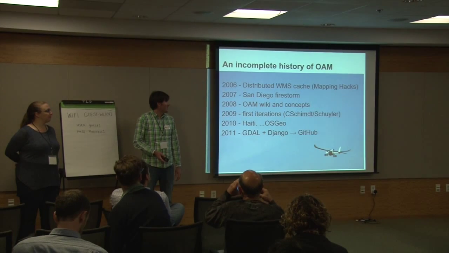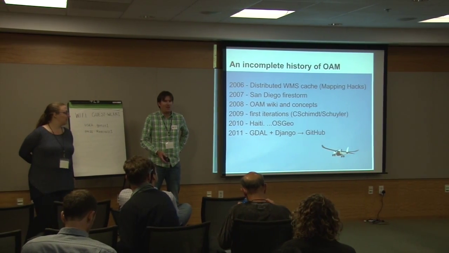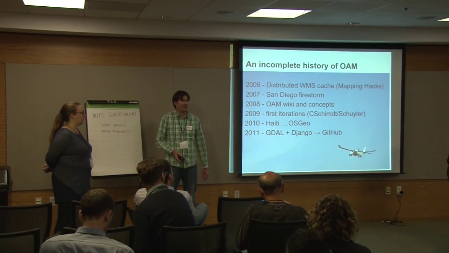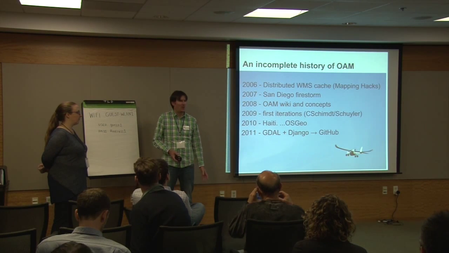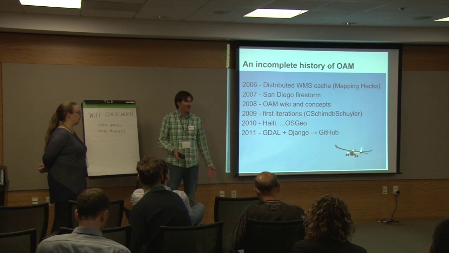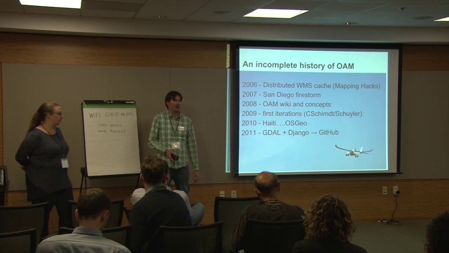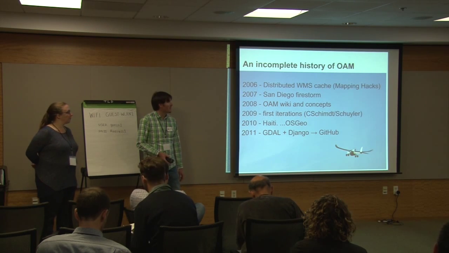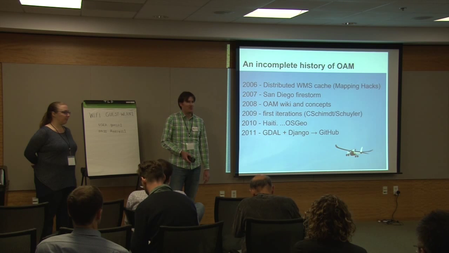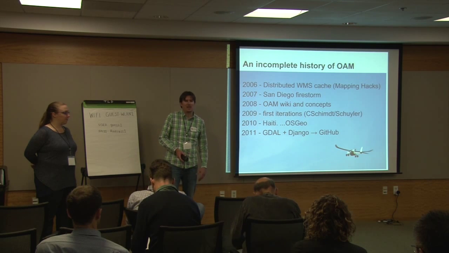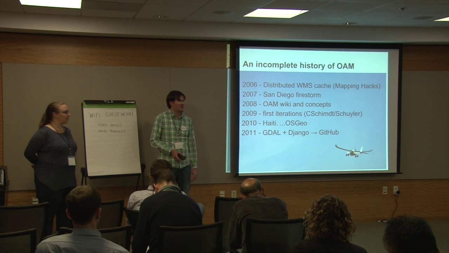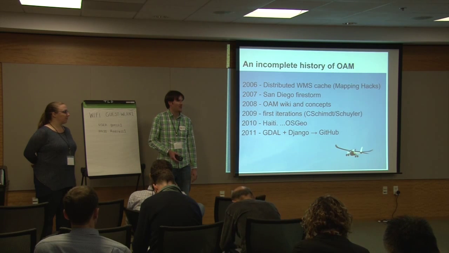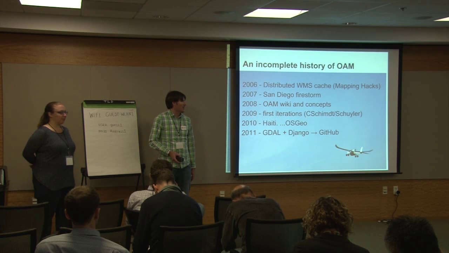OpenAerialMap has been an idea around for many years already, probably back to 2006. In 2004, before, we had standard web services like WMS, but getting imagery through a WMS used to take a long time. Usually WMS services were pretty slow, especially when we get imagery.